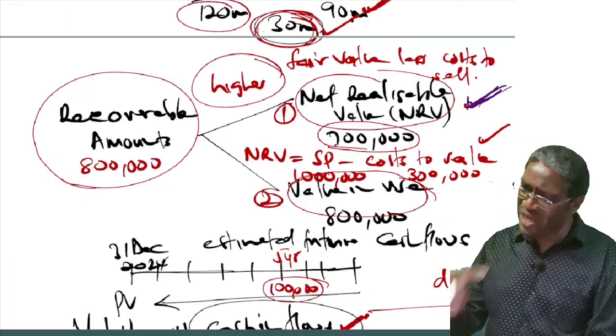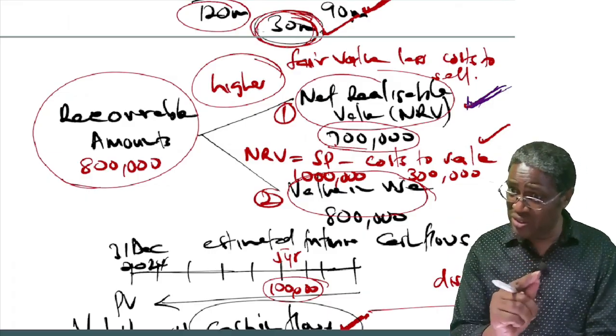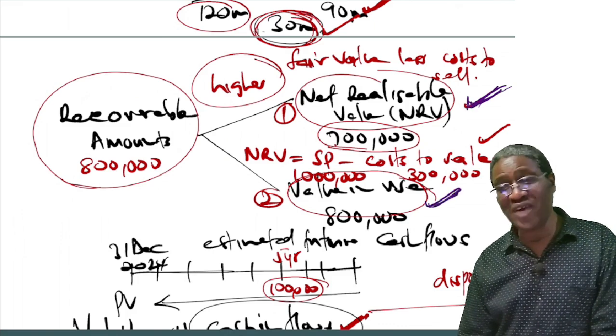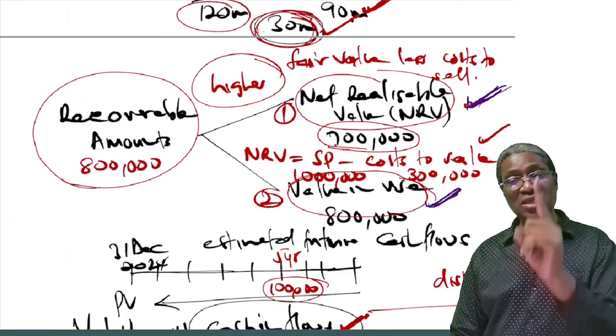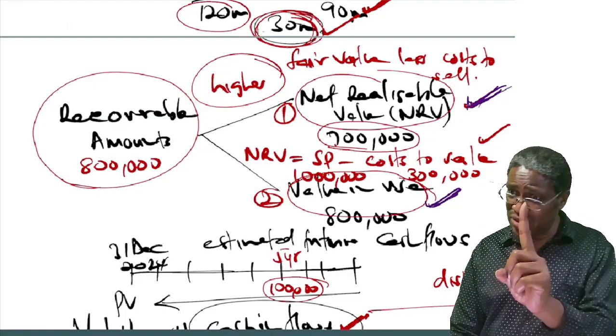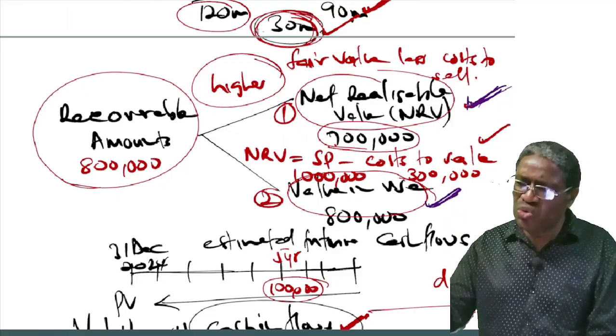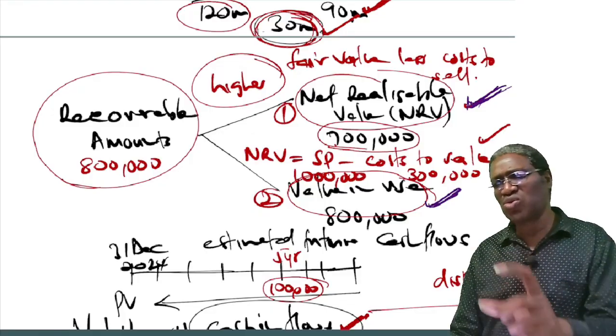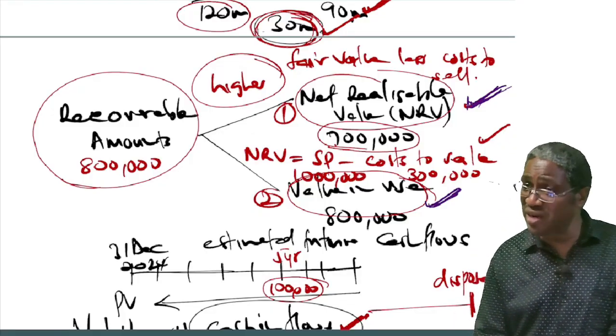The second figure you have to calculate for that particular asset, number 2 here, is what we are calling the value in use. Once you compute the two values of that asset, whichever of the two is higher, that is what you consider to be the recoverable amount.